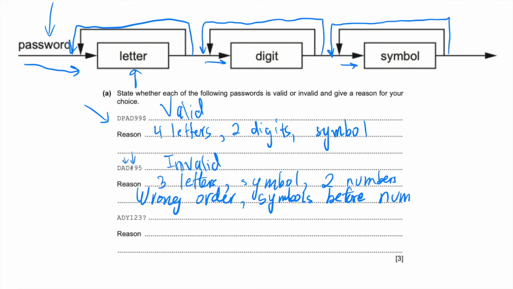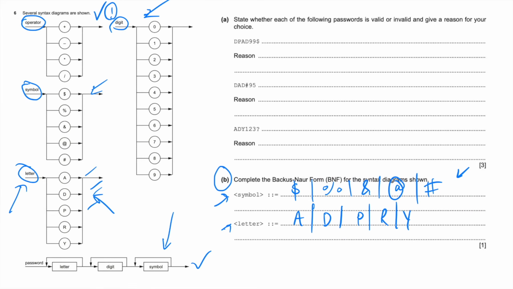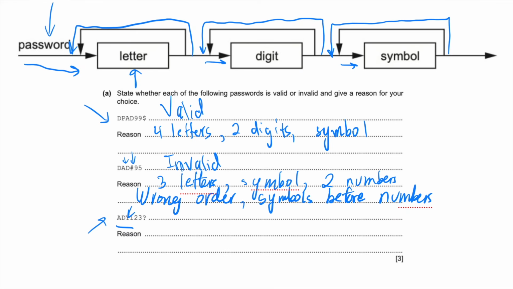And now let's take a look at our next password. Right here we've got ADY123?. Just looking at this, it does follow the order that we need for a password. However, the problem is, if we look at these letters, we have the letter Y. And the letter Y is actually not, no, that is in our syntax diagram. They're all in our syntax diagram. So the letters aren't the problem.